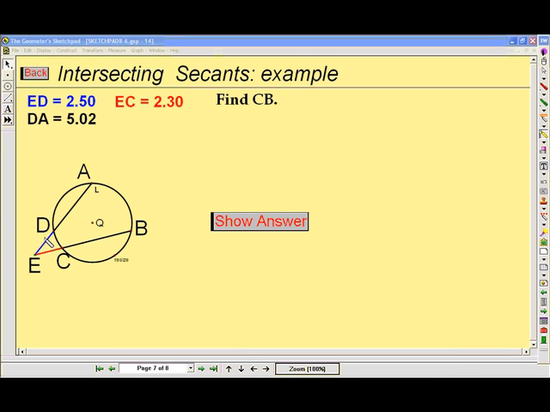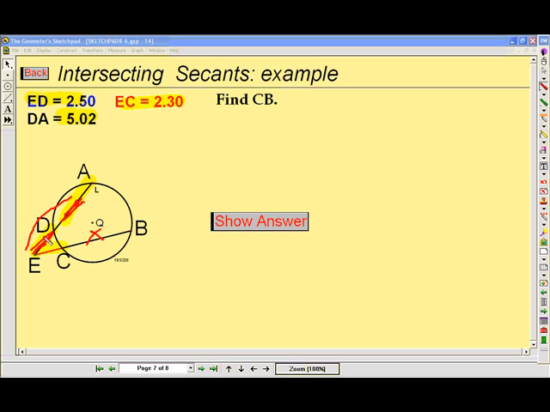So we know a few of these numbers, like we know ED here, and we know AD, the inside part, not the outside part, and EC, the outside part, and we're looking for CB, the inside part. Now the formula doesn't state the inside part. I said the outside times the whole thing. I gave you the outside and the inside.